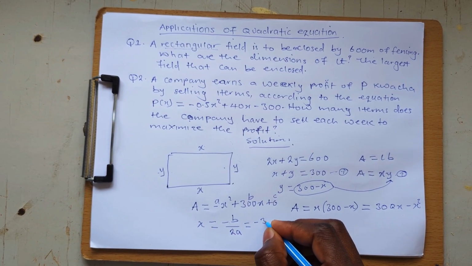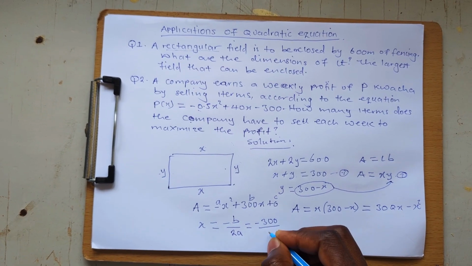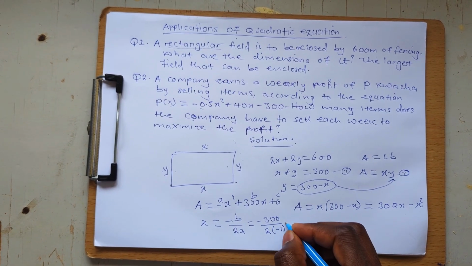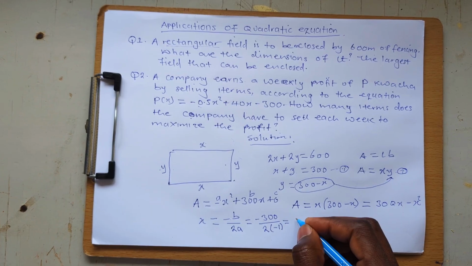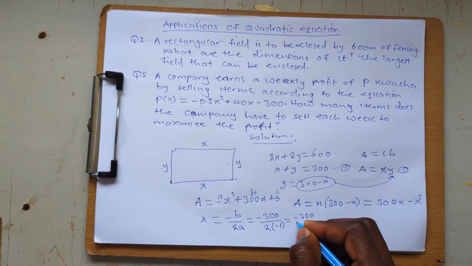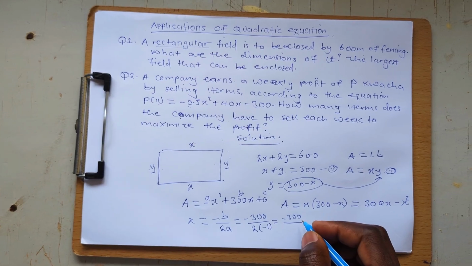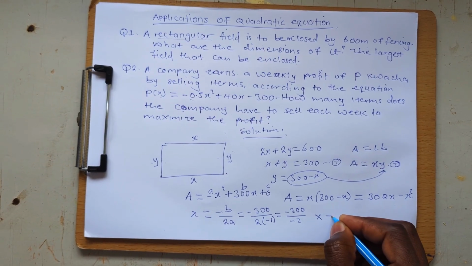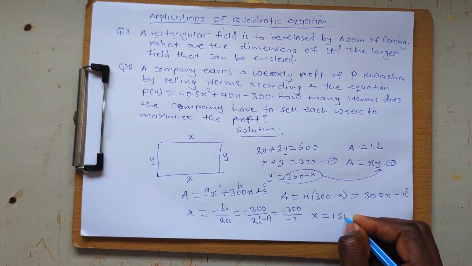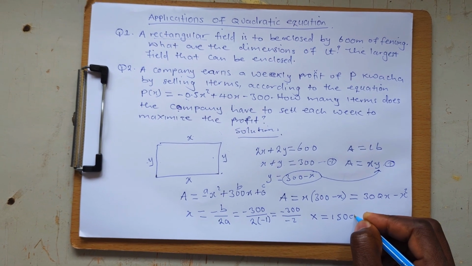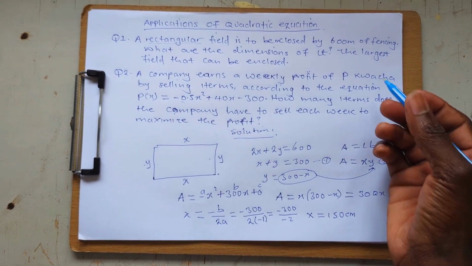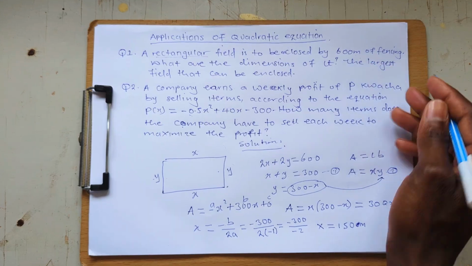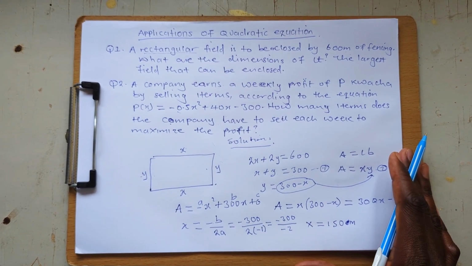So on top you have -300, down there you have 2 multiplied by -1, and this will give us negative 300 over negative 2, meaning that the dimension x is going to be equal to 150. Of course that will be in centimeters. Sorry, this has to be in meters because that number is also in meters.